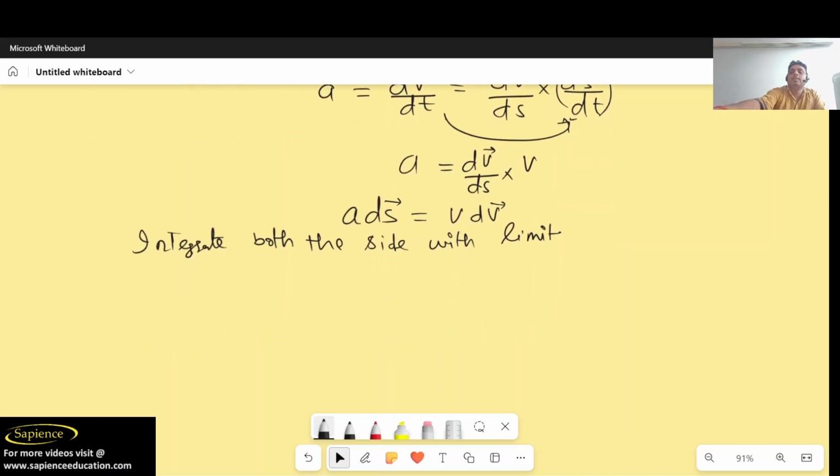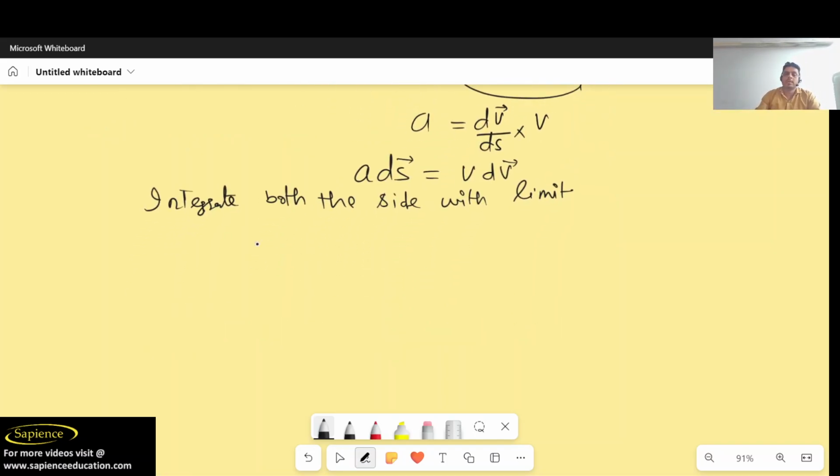So what will happen if I integrate both the sides? If I integrate a ds, with respect to ds, the distance starts from 0 and reaches s, and this is equal to v dv, where velocity starts from u, the initial velocity, and ends with the final velocity v.